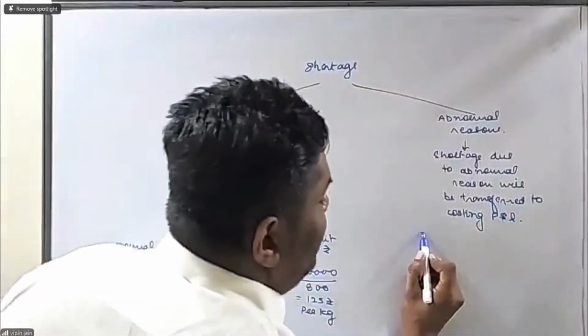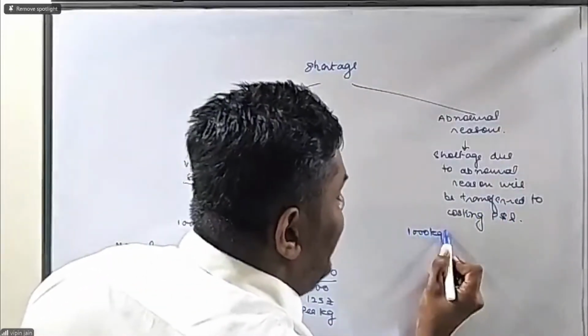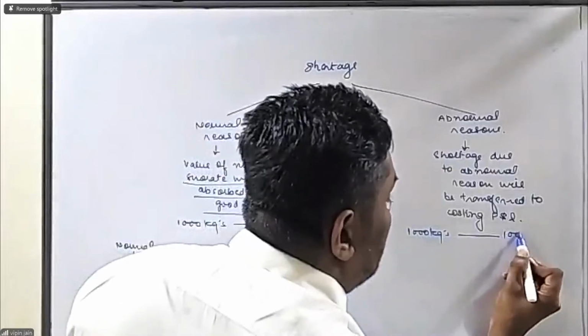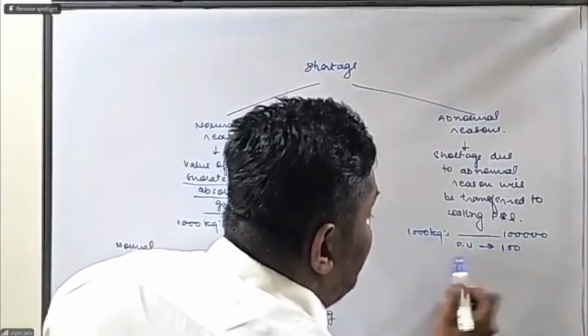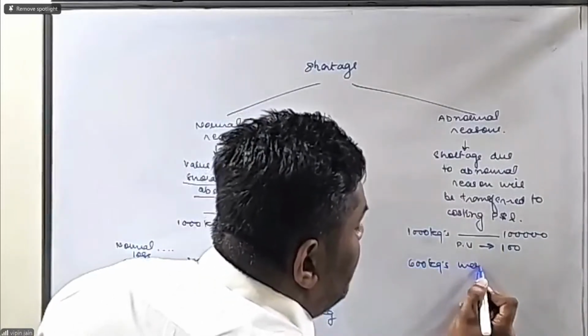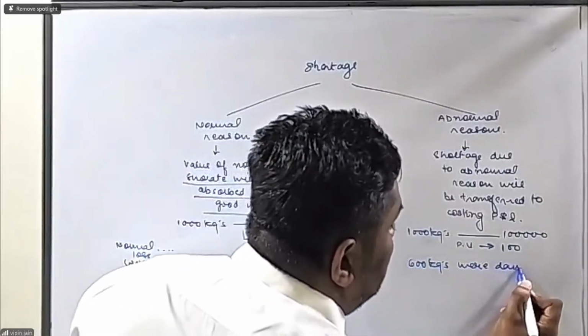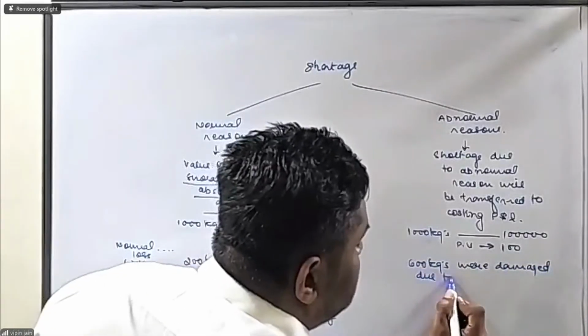So let's say, the same example, we purchase 1000 kgs at the rate of 1 lakh. So per unit cost is rupees 100. Let's say 600 kgs were damaged due to abnormal reasons.